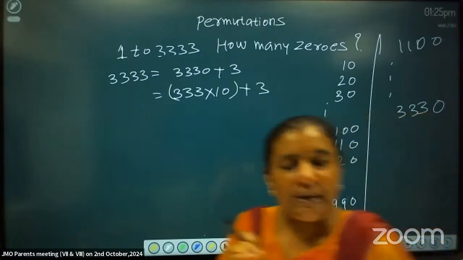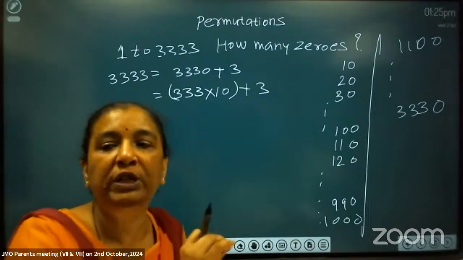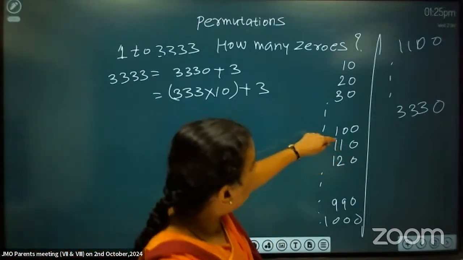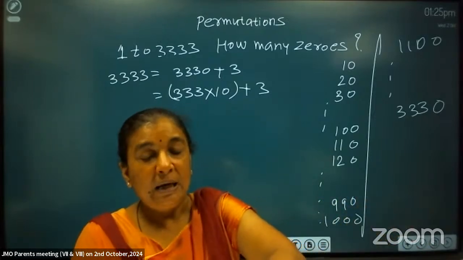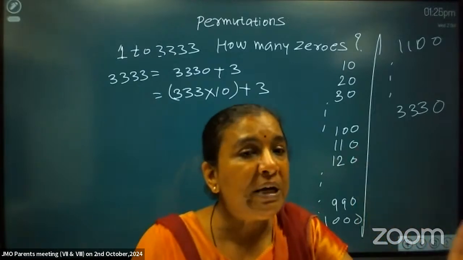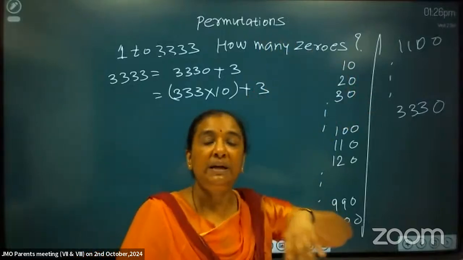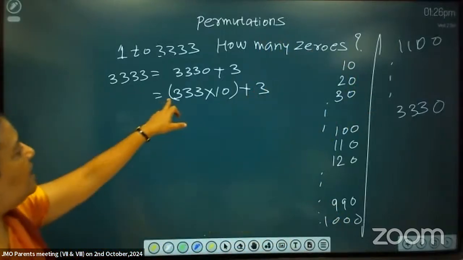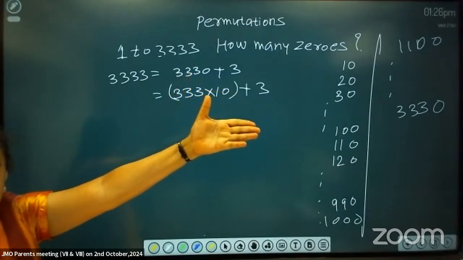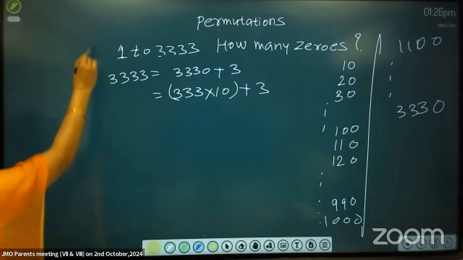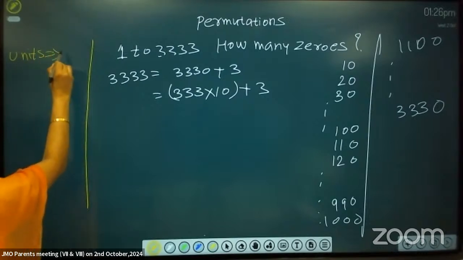Only common part in all these numbers is there is 0 at the units place. See, always at the tens place, there is no 0. Means sometimes it is there, sometimes it is not there. But what is common? 0 is always there at the units place. So how many times there is a 0 at units place? 333 times. Because there are so many number of tens, correct? So you will mention it over here at the units place. How many times 0 has occurred?